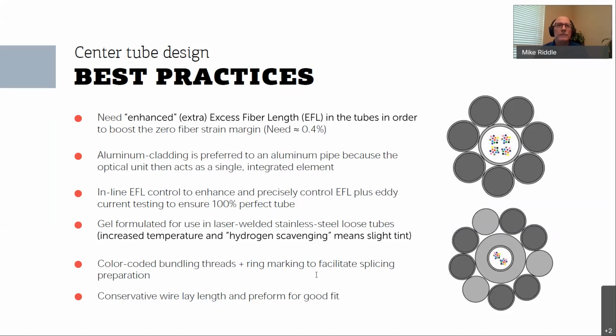Without the ring marking, you basically have to start over, so you've lost time. So we like to do both. It's a little bit belt and suspenders, but it does have a benefit to the people in the field. And you need to be conservative with your wire lay length and preform so that you get good fit and a cable that's integrated. So you cut it and it doesn't just spring apart on you. These things are important for that kind of performance.